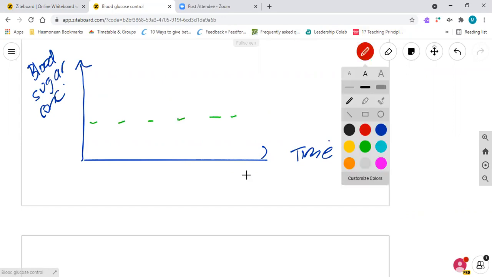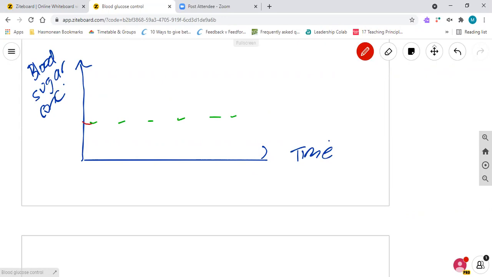What you would find is the person's blood glucose level is at normal, then they eat, their blood glucose level rises, then they'll start to secrete insulin that will drop their blood glucose level. It normally slightly overshoots, as I said, so then they'll secrete glucagon, which brings their level back up. They may overshoot again slightly, and so on, until eventually it settles back to normal again.